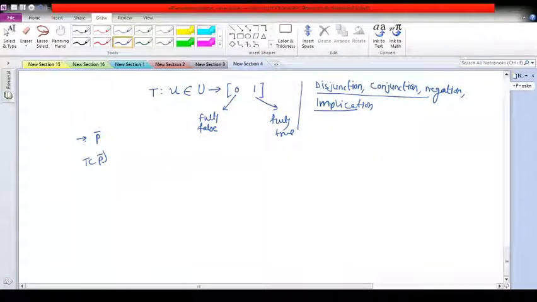So what will be the disjunction for the fuzzy representation? Let us define disjunction for fuzzy representation.